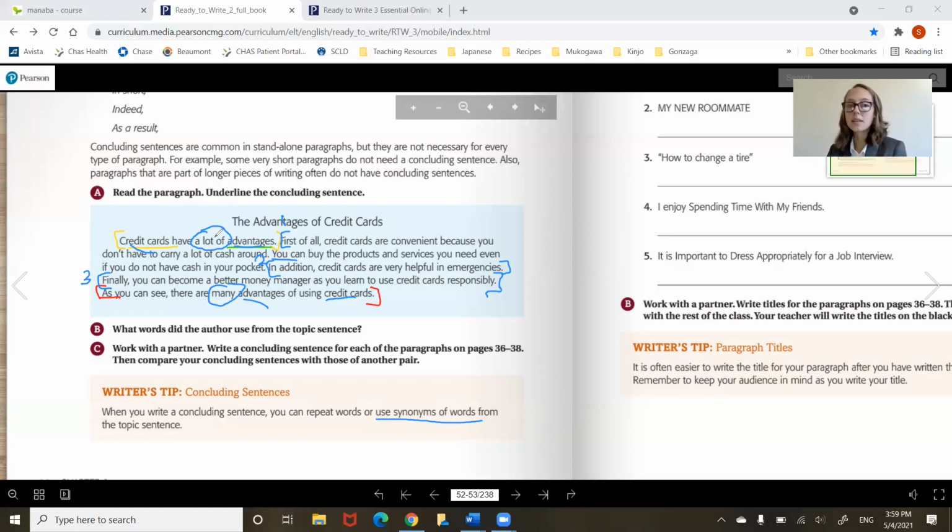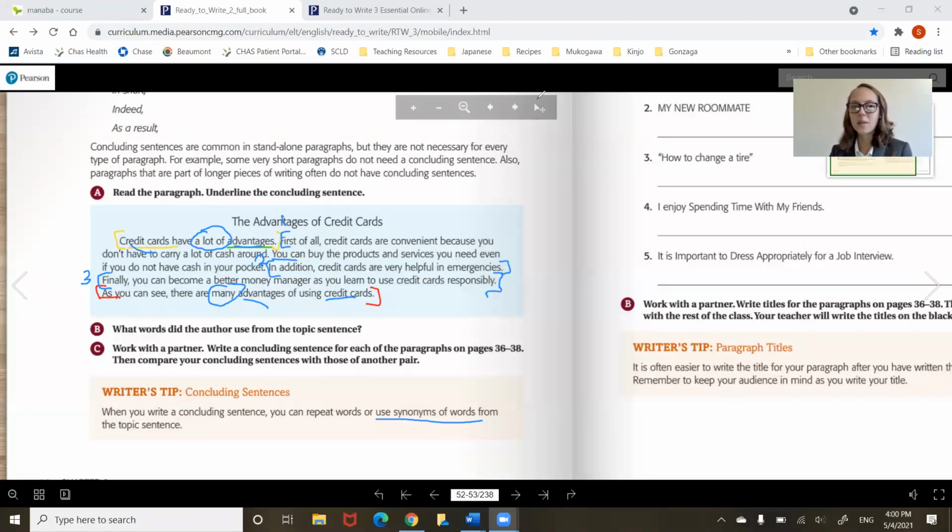So a lot and many, very, often, those are all synonyms to mean that it happens many times or there is a lot of it. And it's a little bit more interesting to read if you use synonyms. If you repeat the same word, it can be a little bit boring. But that is our concluding sentence. And that explanation is really short.